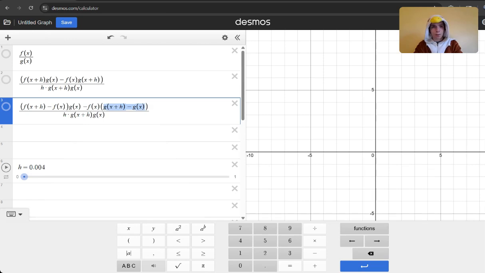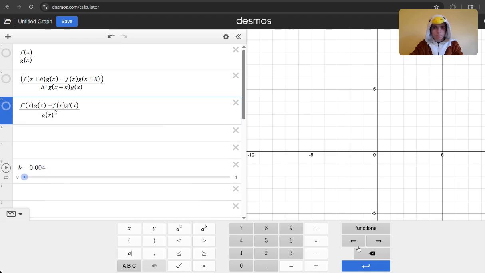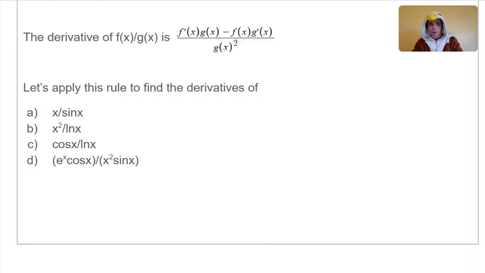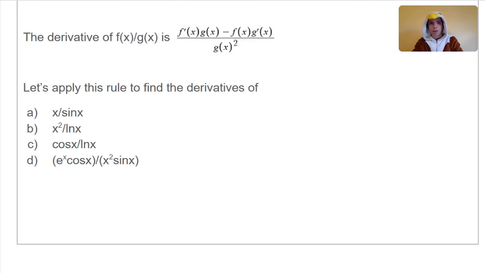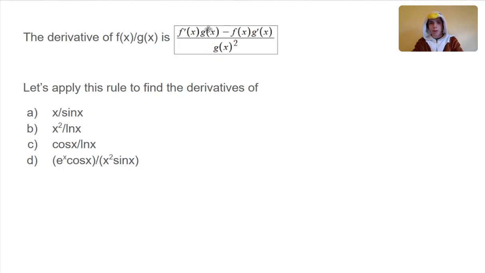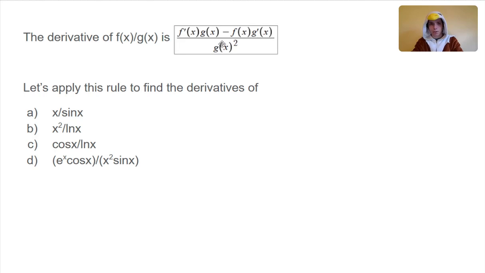And again, we have the derivatives. And this g of x plus h goes to 0, so this becomes g of x times g of x, or g of x squared. And we get our formula for the derivative of f of x over g of x: f prime of x g of x minus f of x g prime of x over g of x squared.